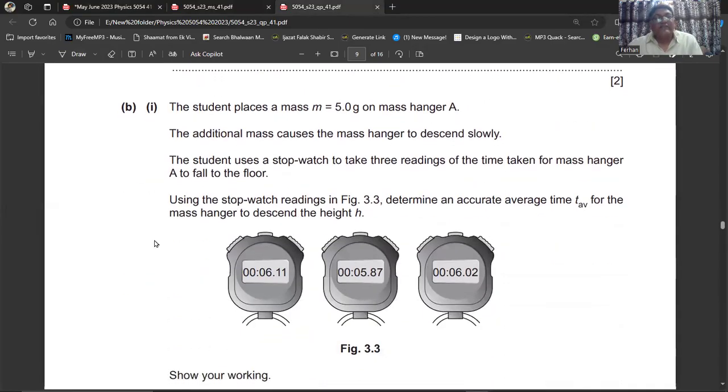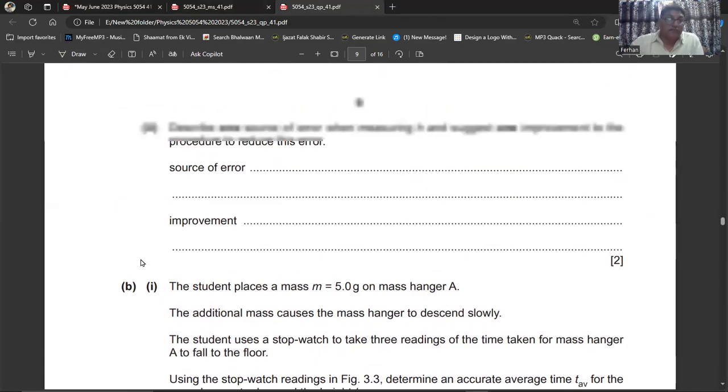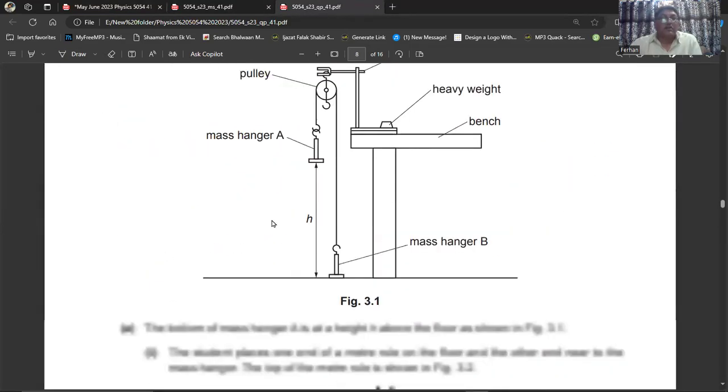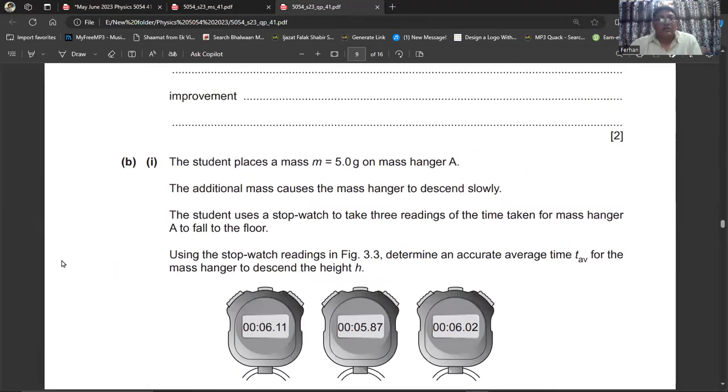Then we have question number 3B part. The student places a mass M of 5 gram on the mass hanger A. So he puts 5 gram here. The additional mass causes the mass hanger to descend slowly. The student uses a stopwatch to take 3 readings of the time taken for the mass hanger A to fall to the floor.